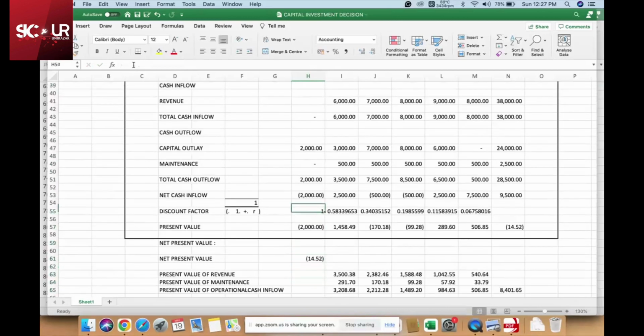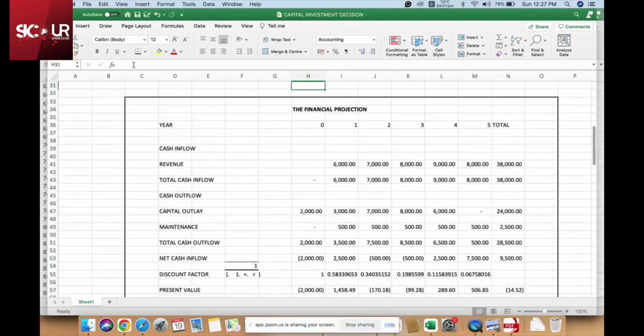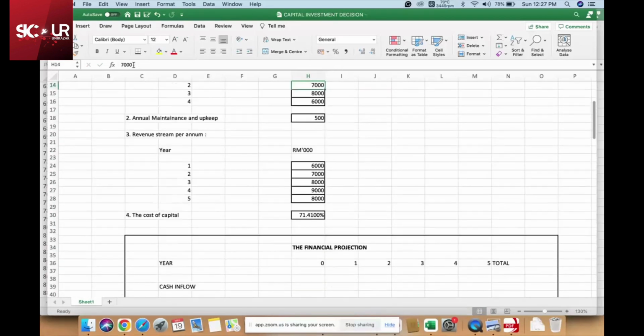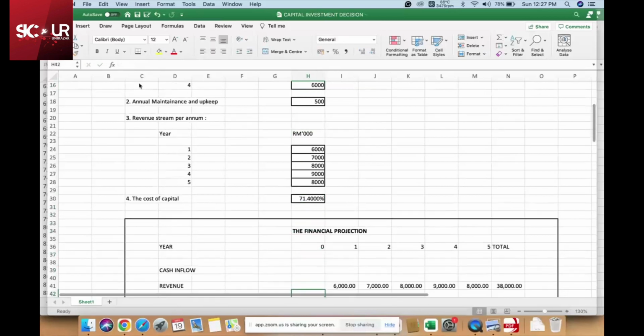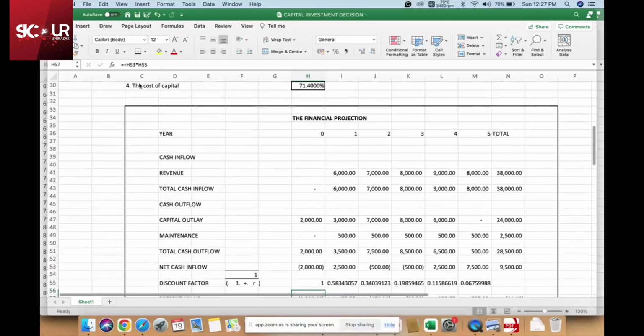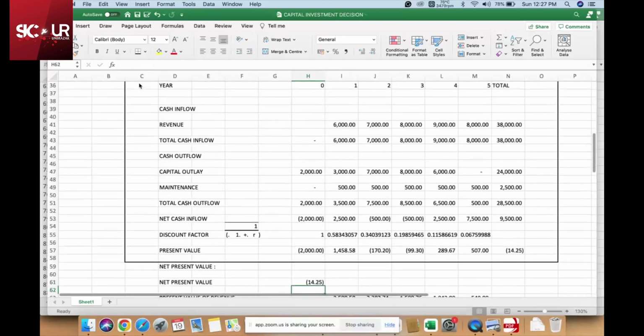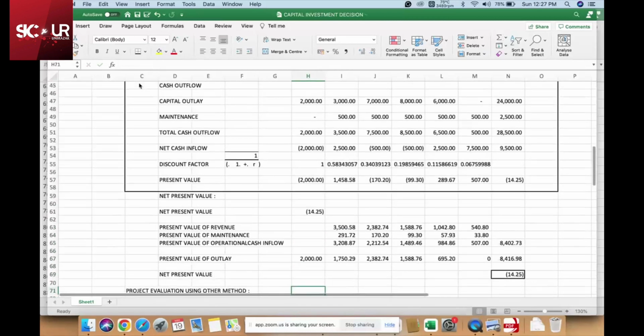Still negative. What about 71.4? Still negative. Why is it not changing?